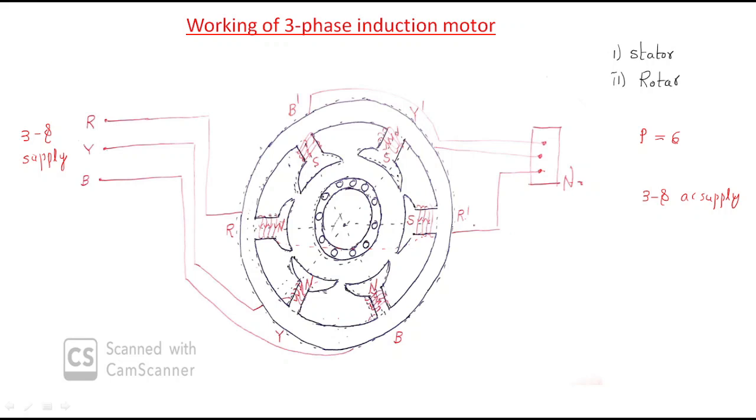Next, in this three-phase connection B is also the same: B is connected to one pole and the opposite is connected as a south. So we can make north and south poles depending on our requirement. Here I take 6 poles in order to understand the three phases, but practically the number of poles may be 6, 8 or 12, it will change, no problem at all.